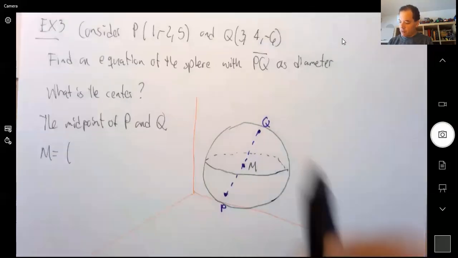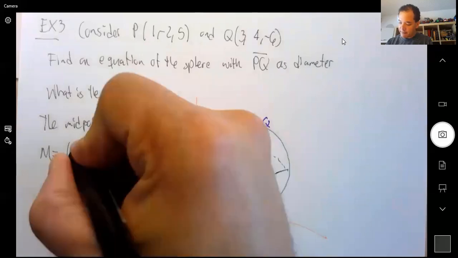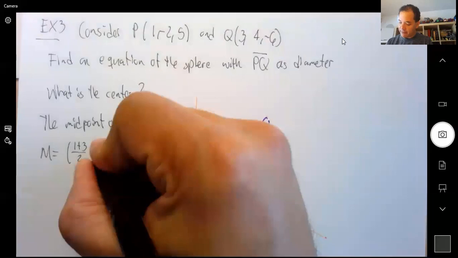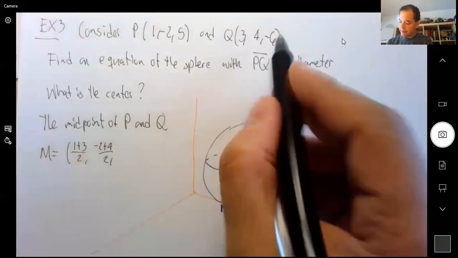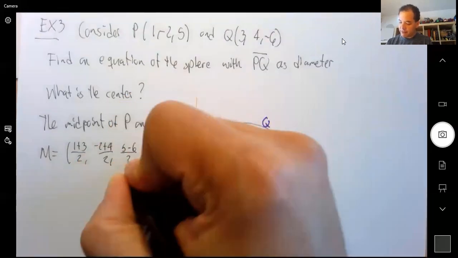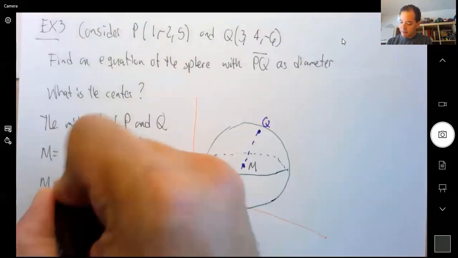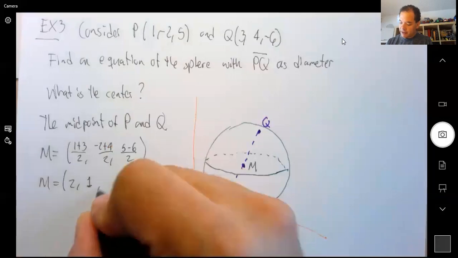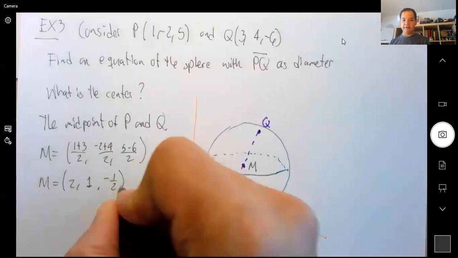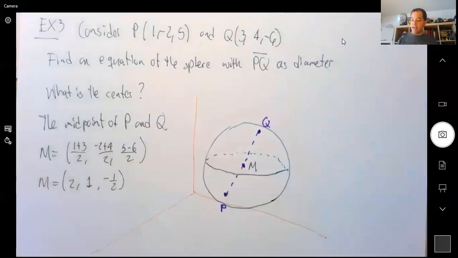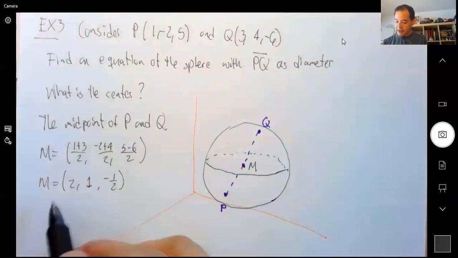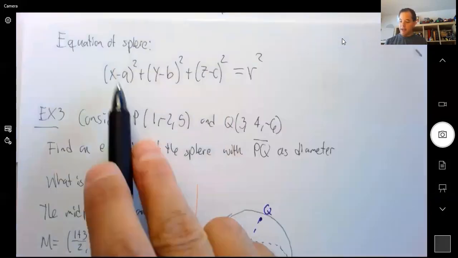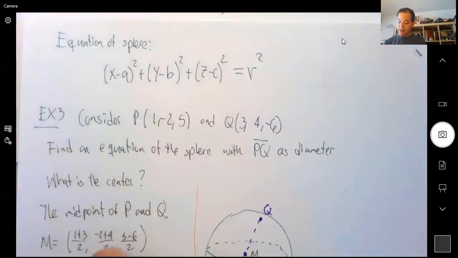So the midpoint would be (1 plus 3)/2, (-2 plus 4)/2, and (5 minus 6)/2. So this is 2, 1, and -1/2. So that's the midpoint, right? And now that you have the midpoint, these are A, B, and C. In the equation of a sphere, we needed A, B, and C, and now these are A, B, and C.